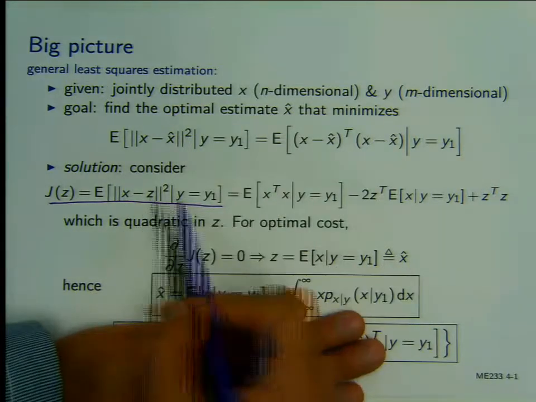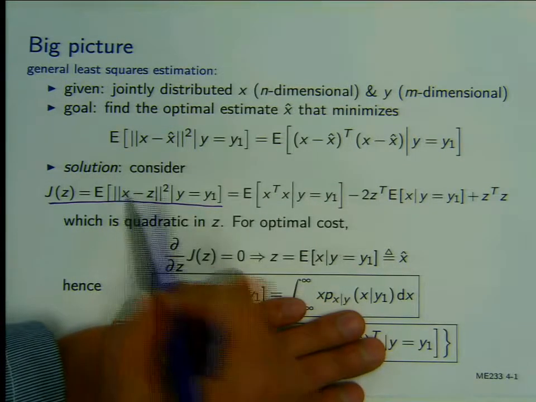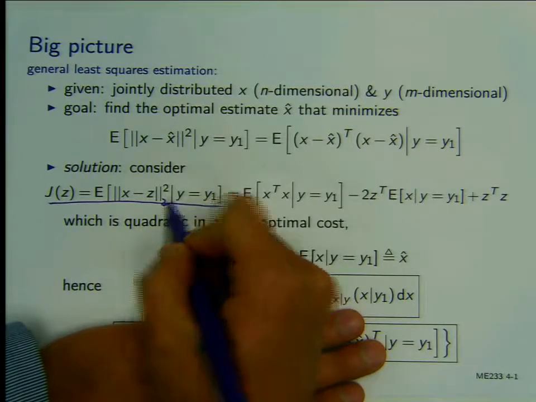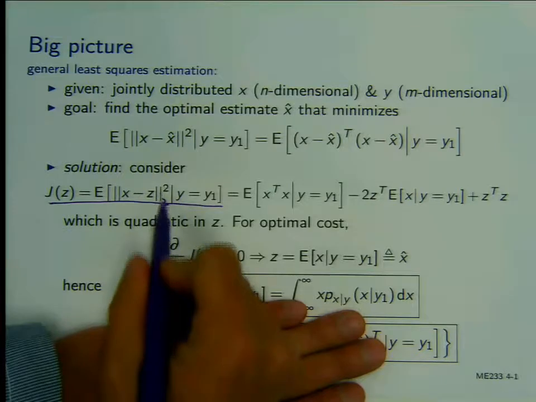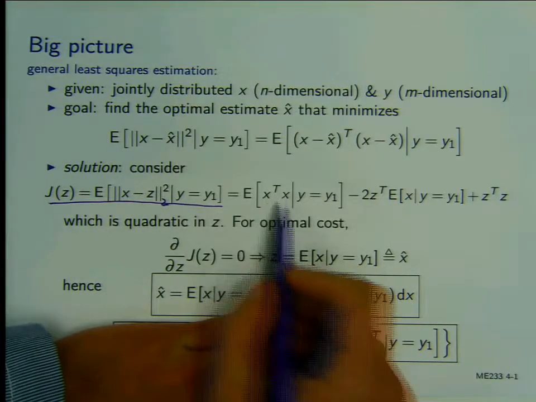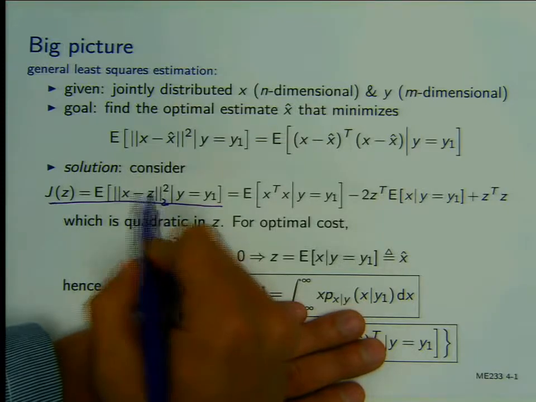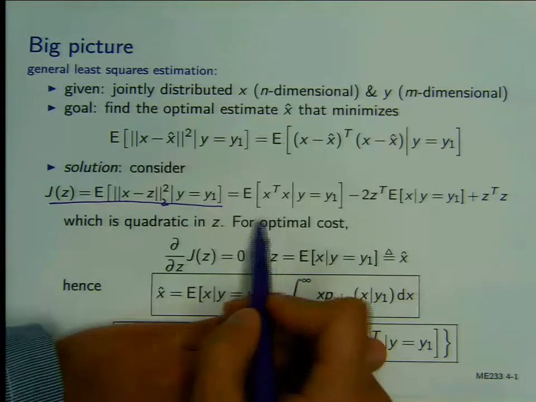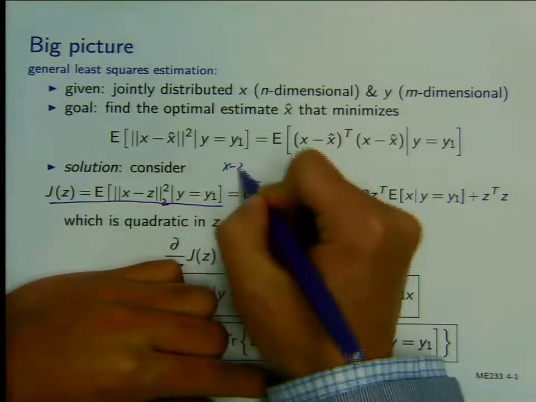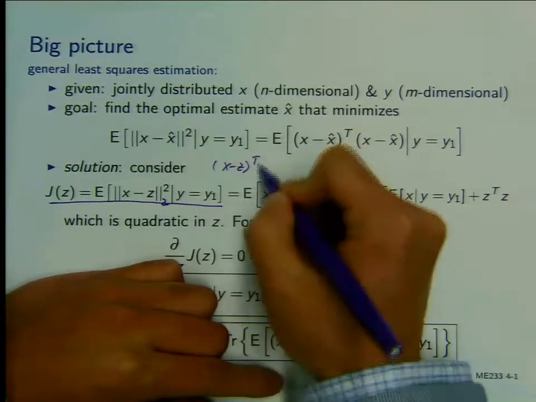So just expand this equation here. By the way, this is a 2 norm. Whenever I don't specifically say what kind of norm it is, I mean the 2 norm. The 2 norm squared is the vector transpose times the vector itself, so it would be (x minus z) transpose times (x minus z).